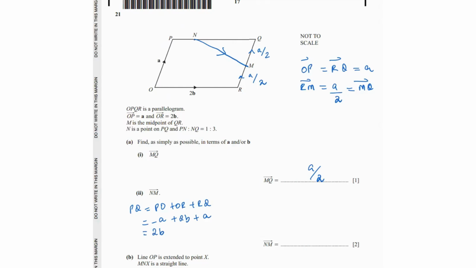Same as OR. So if we find NQ, because I'm going to use NQ plus QM to find NM, that's going to be 3/4 of PQ, which is 3/4 of 2B.